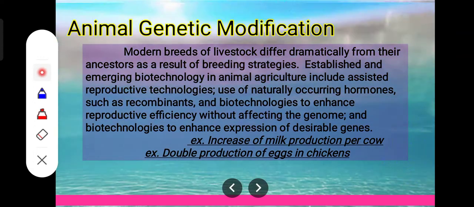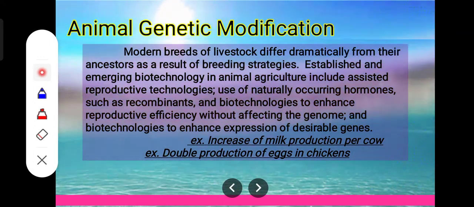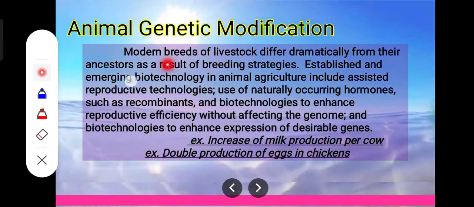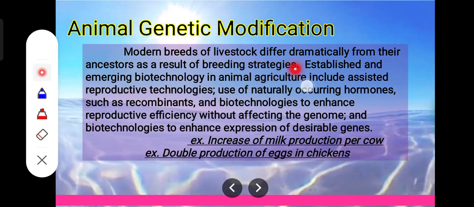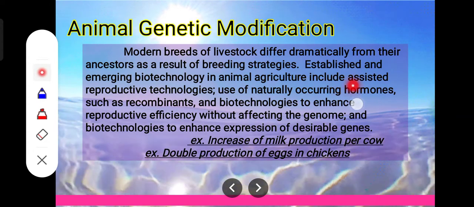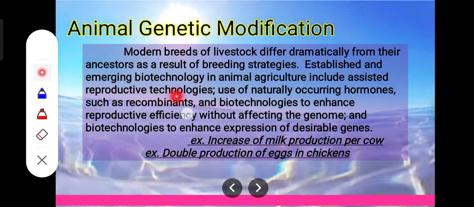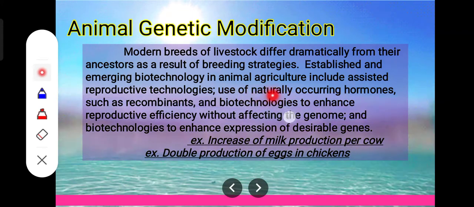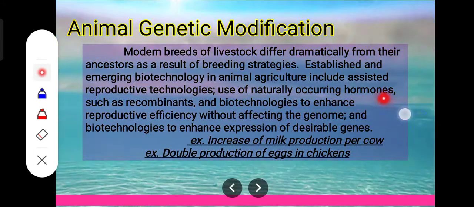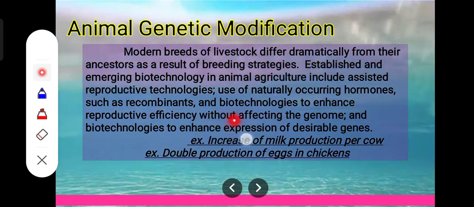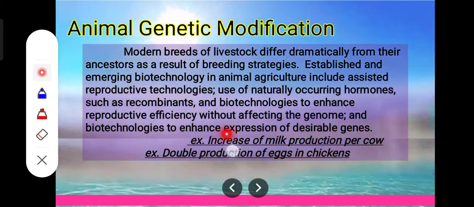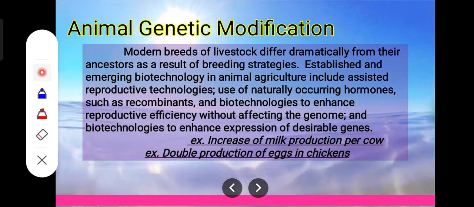We also have here animal genetic modification. Modern breeds of livestock differ dramatically from their ancestors as a result of breeding strategies. Established and emerging biotechnologies in animal agriculture include assisted reproductive technologies, use of naturally occurring hormones such as recombinants, biotechnologies to enhance reproductive efficiency without affecting the genome, and biotechnologies to enhance expression of desirable genes.